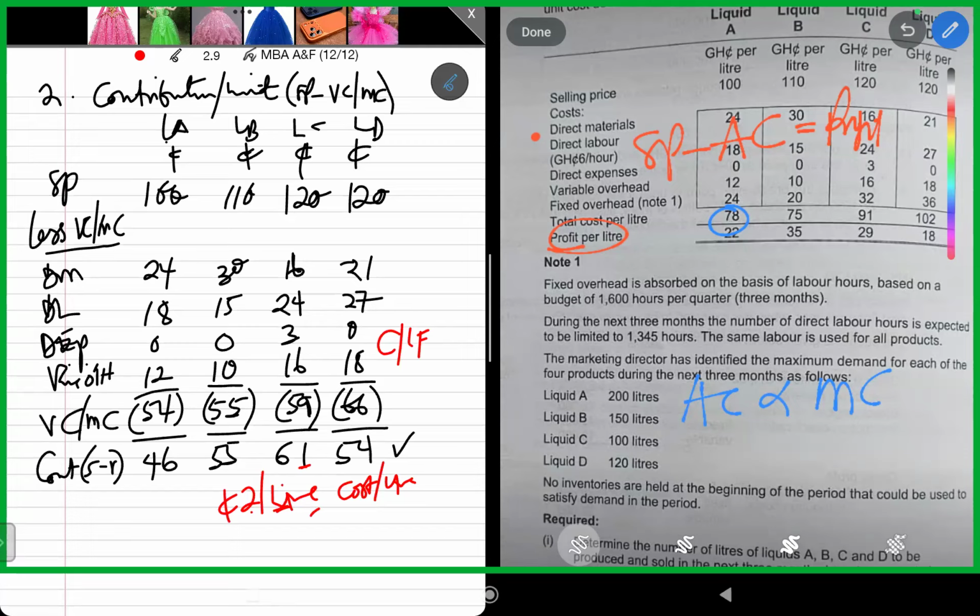So if I write cost over 1 liter and I'm getting figures, how will the figures be written? They will be written according to the unit, the liters, and the cost, right? Yes. So now, contribution per limiting factor, how will it be done?